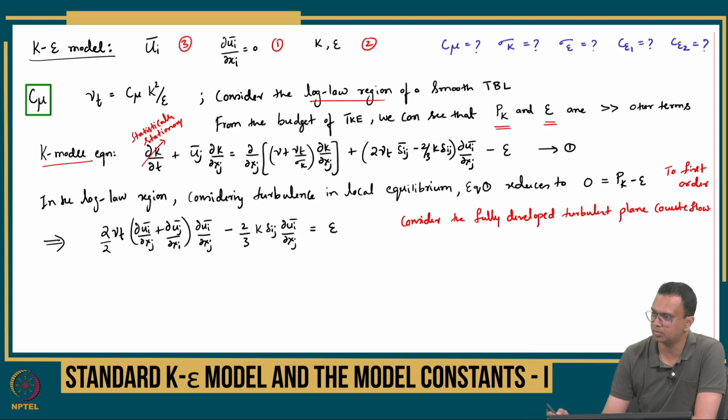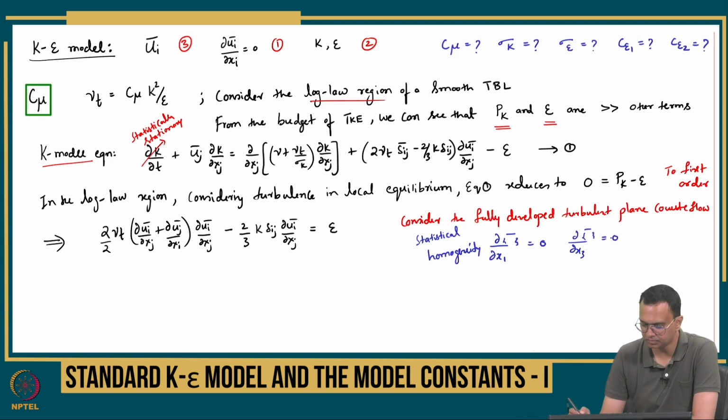Or any smooth turbulent boundary layer, it is going to be the same equation. So that means you had ∂/∂x1 of your average quantity equal to 0, statistical homogeneity, and then ∂/∂x3 is 0, ∂/∂t is anyway 0, statistical stationarity.